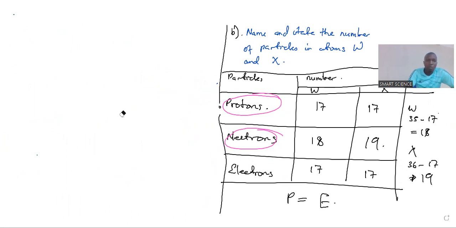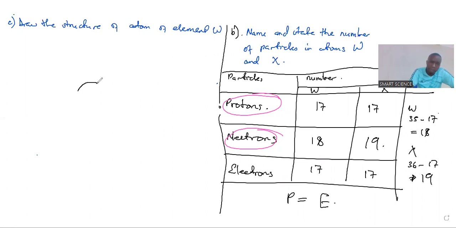So part C, draw the structure of the atom of element W. I'll begin with the nucleus as an answer. Begin with the nucleus, put protons and neutrons. Protons are 17, neutrons are 18. I think that is very, very clear.